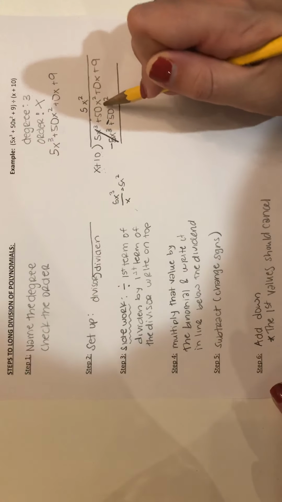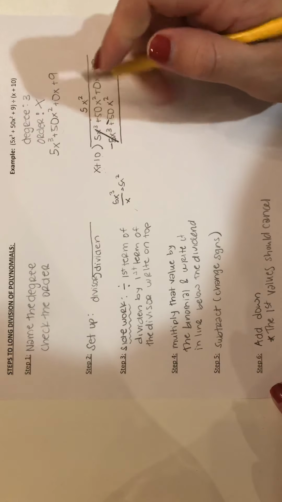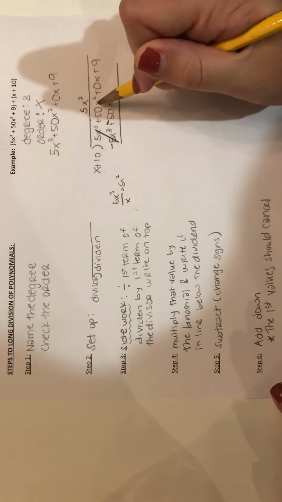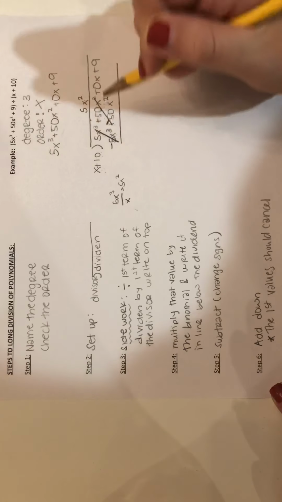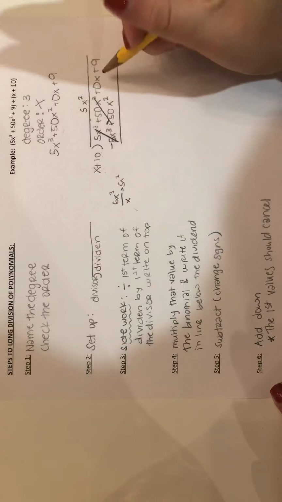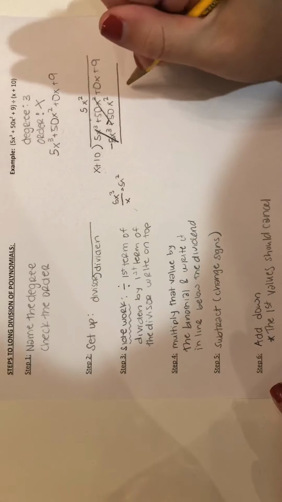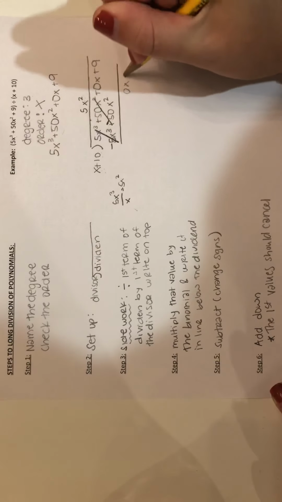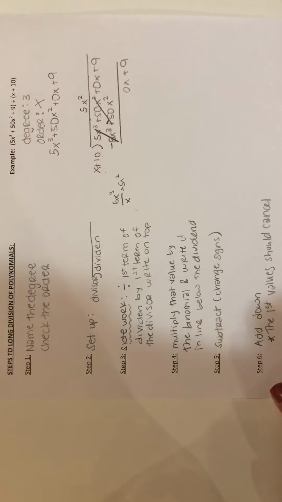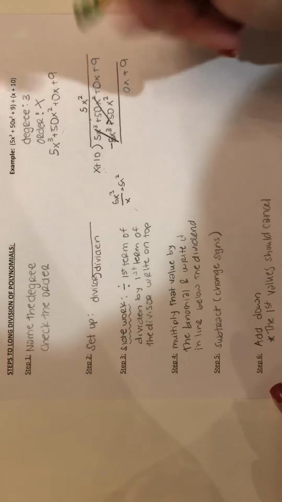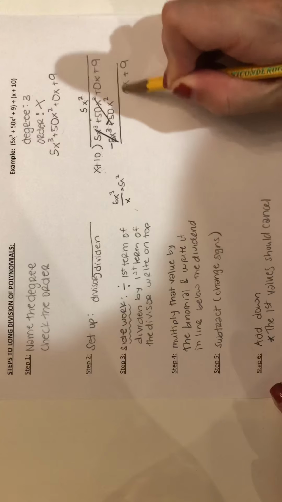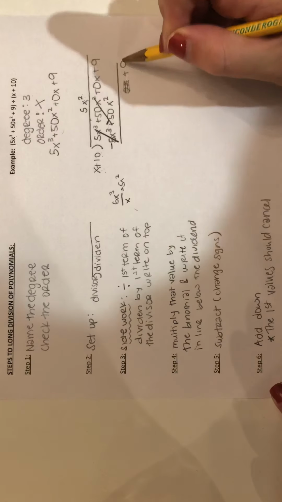It just so happens in this problem, 50x squared minus 50x squared also goes away. That is not always the case. Then we have 0x. We're going to put that here, and we're going to put 9 here. Which means 0x is also just 0, so we don't have to really write that. So we just have a 9.